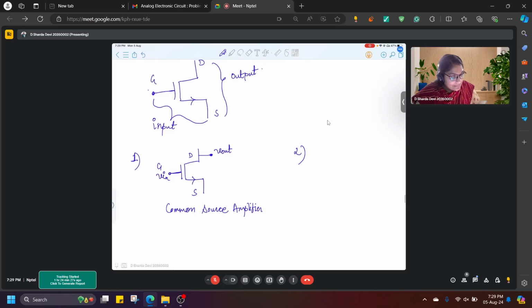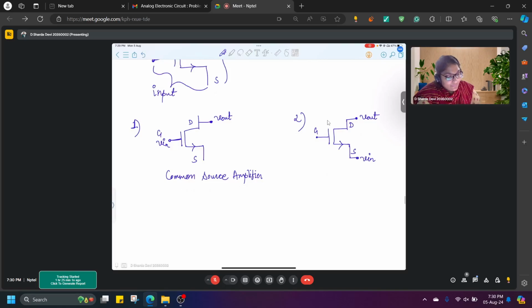Now second, again you have the same MOSFET, with source, drain, gate. Now let's say you give input to the source, and you take output from the drain.